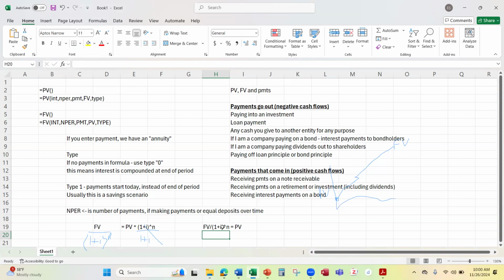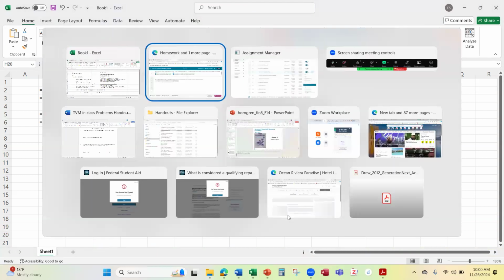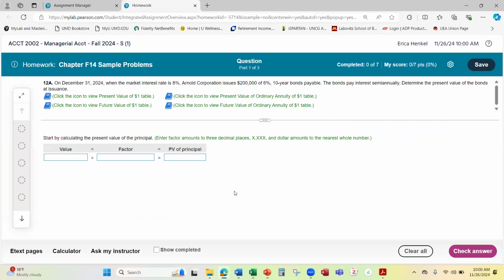So that's kind of a repetition of something I talked about the other day. But going back then to that problem we were looking at, we have tables that actually calculate that 1 plus interest rate to the power of n factor for us.